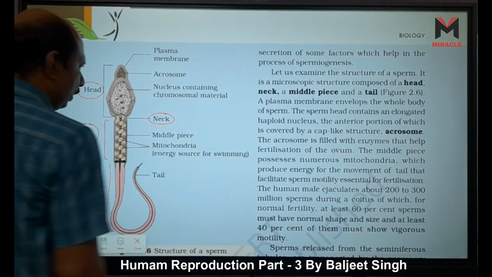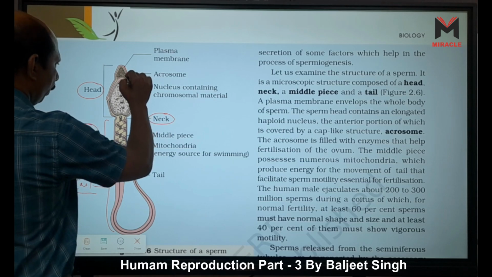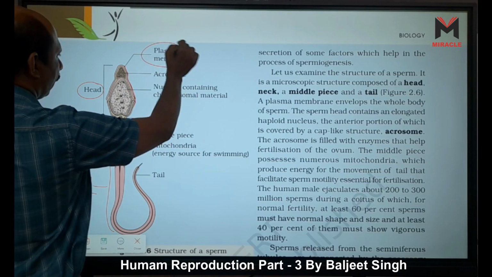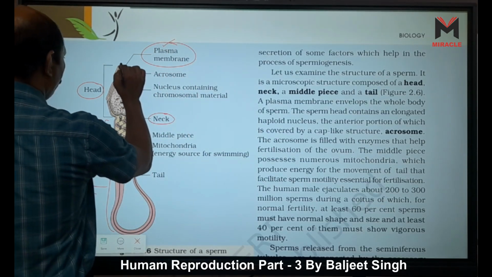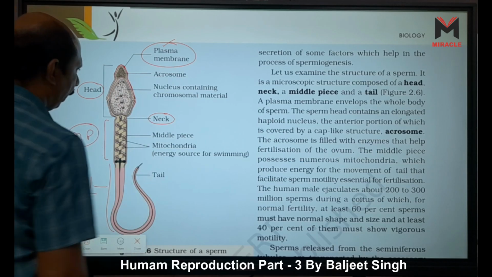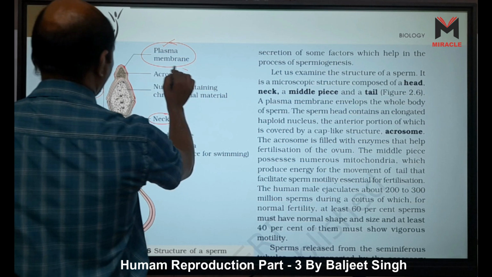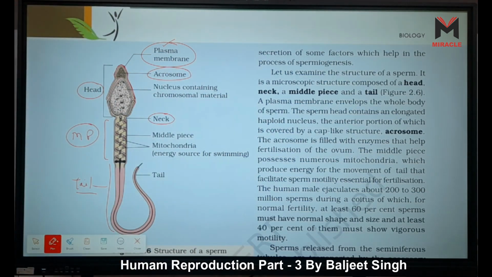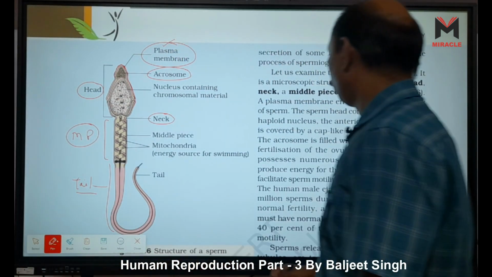In the head, the first stage of the head. Because it is an animal cell, it is enclosed in the plasma membrane, which is also given in our NCERT. Here, at the top part of the head region, a cap-like structure is present, and this cap-like structure is called the acrosome.